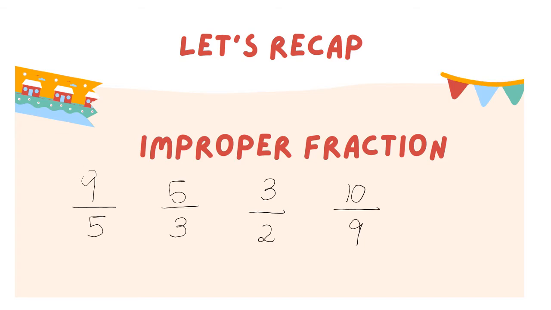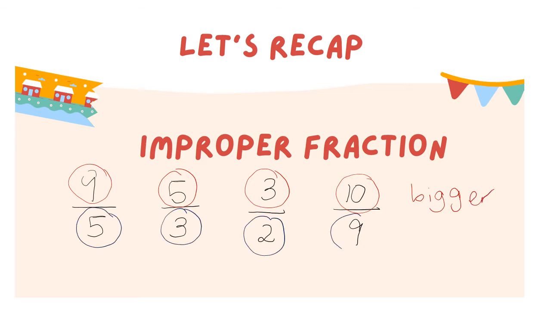So what you can see here is improper fraction is where the numerators are bigger than the denominators. So this is what you call an improper fraction.